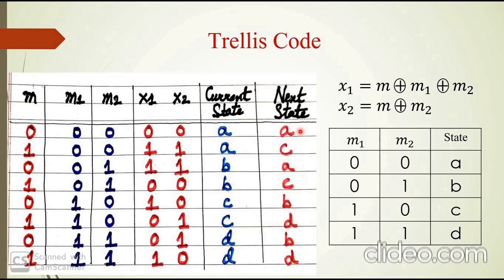Again, consider the convolution encoder in state A, with current message bit 0 and M1, M2 both 0, 0.